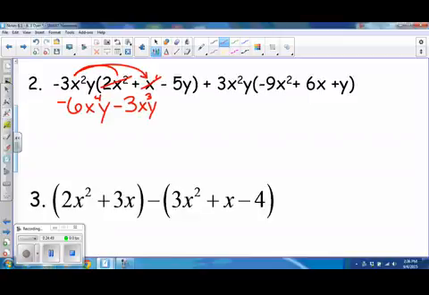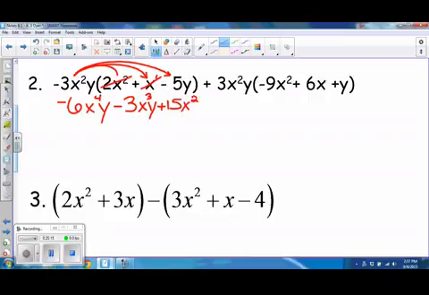Now we're going to do negative 3x squared y times negative 5y. Very good. Negative 3 times negative 5 is positive 15. Do I have anything to multiply times x squared? No, so x squared doesn't change. It just stays x squared.